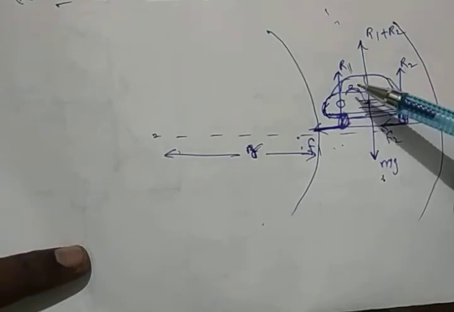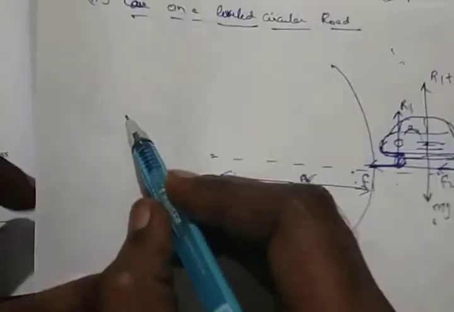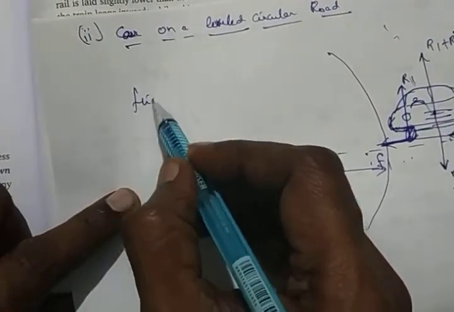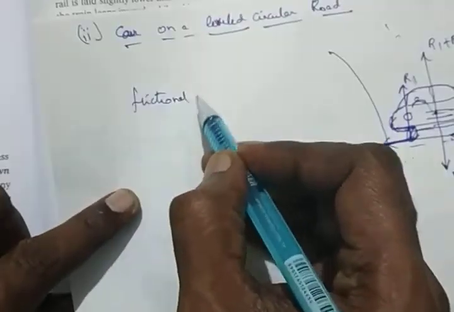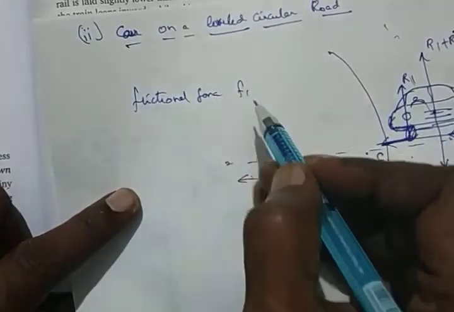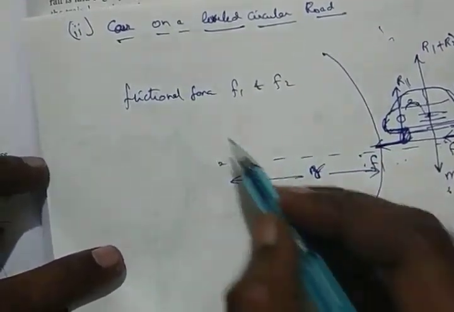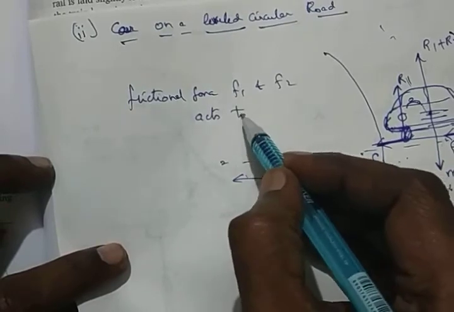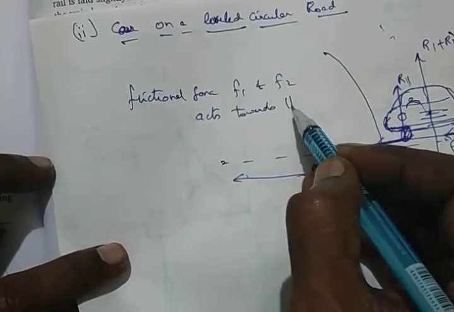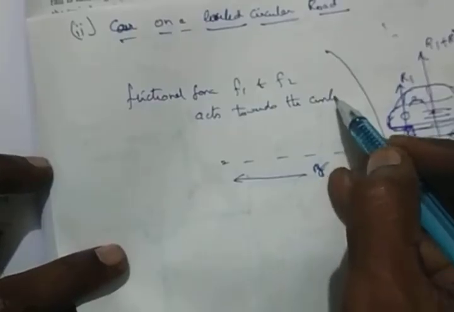The frictional forces F1 and F2 act towards the center of the circle.